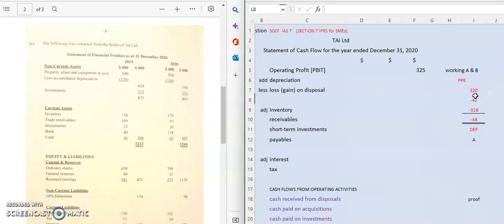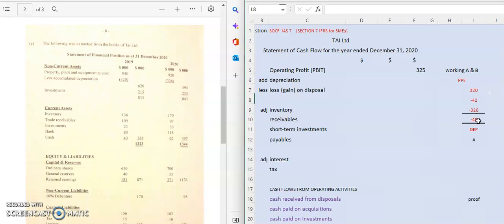So if I put it up over here, you see at the beginning, we had $320,000 in accumulated depreciation. And we got rid of an asset whose depreciation up to that point was $42,000. So if I subtract that $42,000, it says that I ended at 326. Now, clearly, 320 minus 42 is not 326.